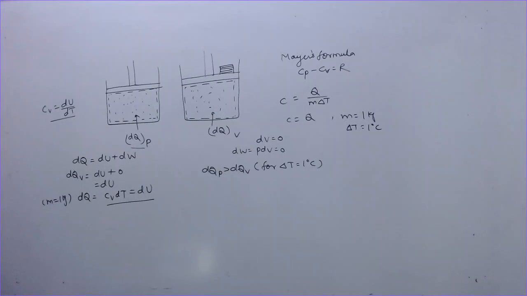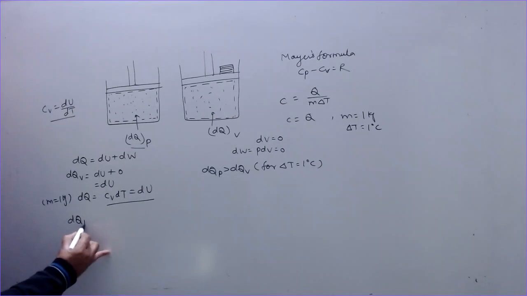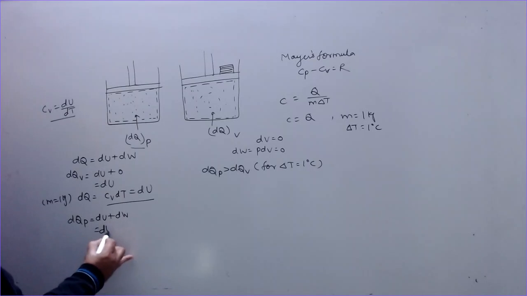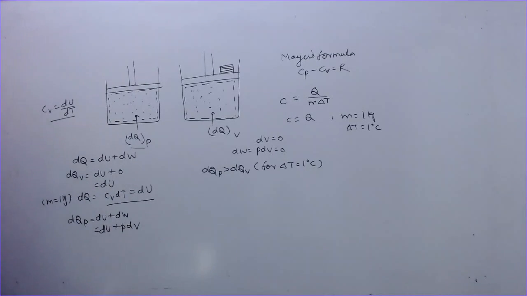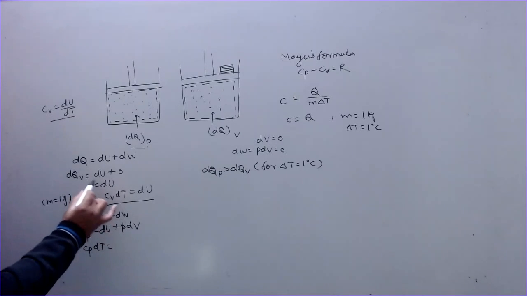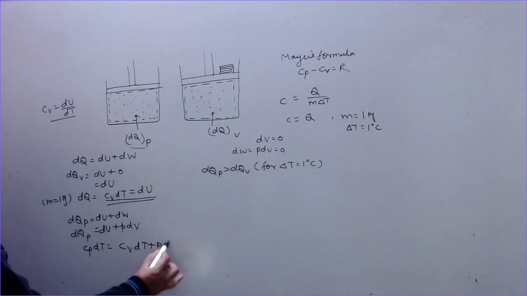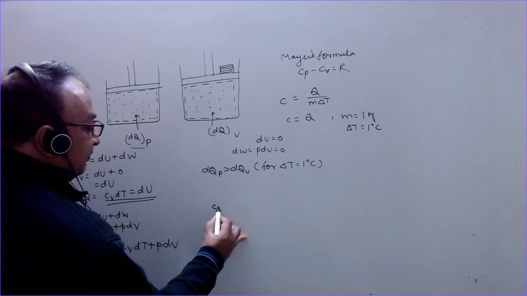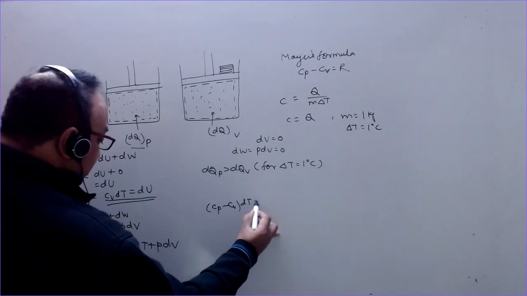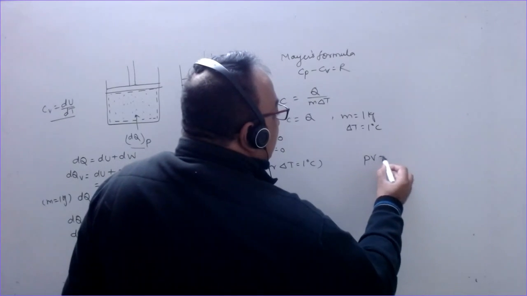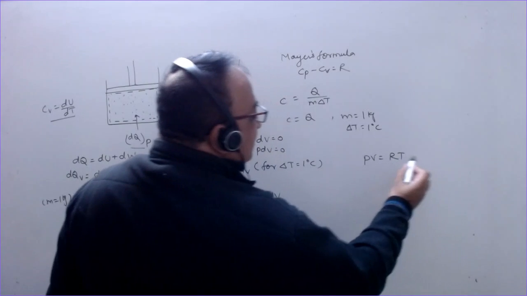So we can write the first law of thermodynamics, dQ is dU plus dW, and dW is P dV. dQp is equal to this, and dQp for 1 mole or 1 kilogram is Cp dT. And I can write dU as Cv dT, so Cp dT equals Cv dT plus P dV. From this we can write that Cp minus Cv times dT is equal to P dV. And we know that for an ideal gas for 1 mole, PV is equal to RT, where R is a constant.